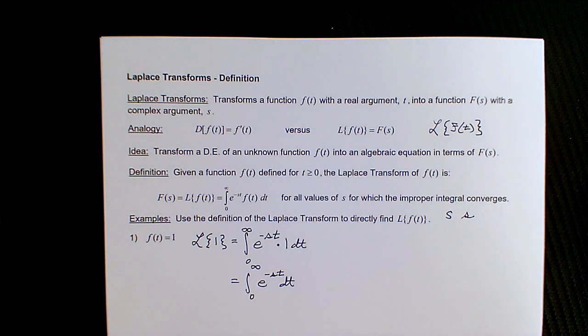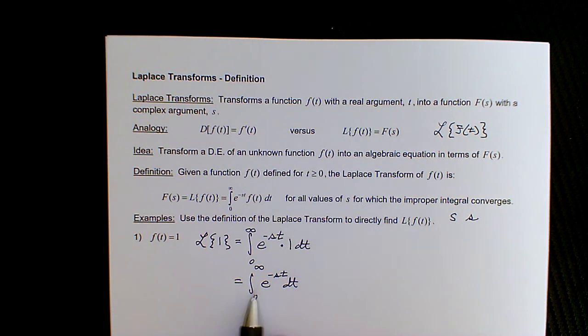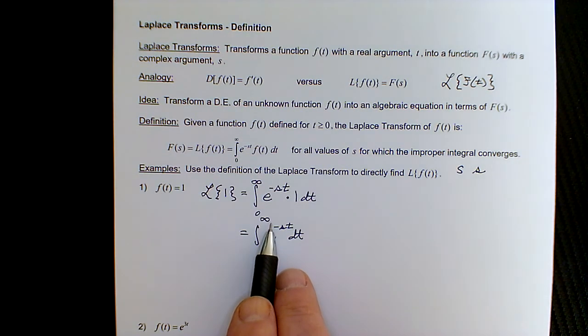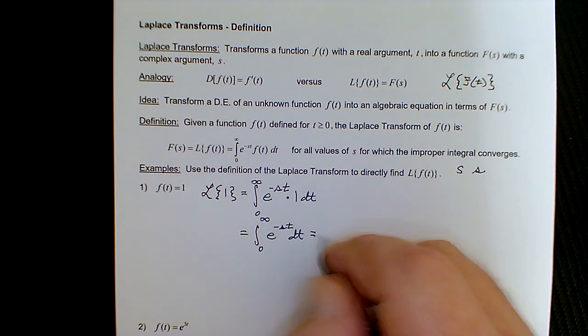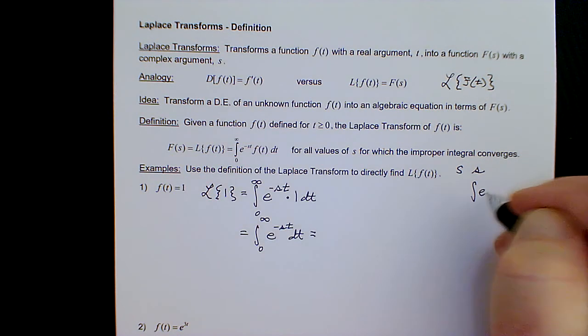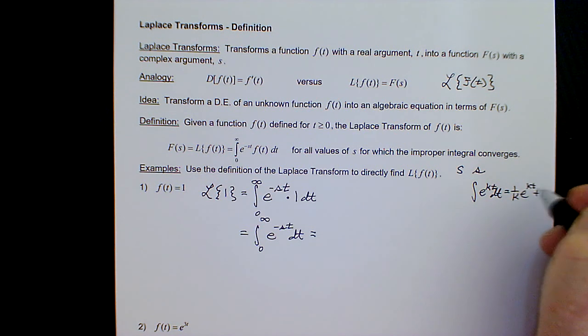Now, formally back in Calculus 2, we used to introduce a limit to account for the infinite limit of integration. But here what we're going to do is use what's referred to as a common abbreviation for that limit, and we're going to integrate as normal. Integrating e to the negative st, that's our formula for the integral of e to the kt with respect to t, which is 1 over k e to the kt plus a constant, of course.